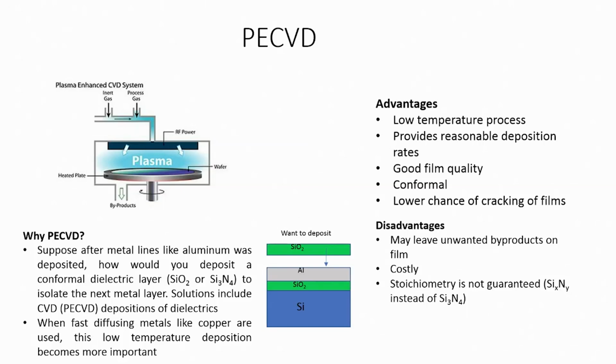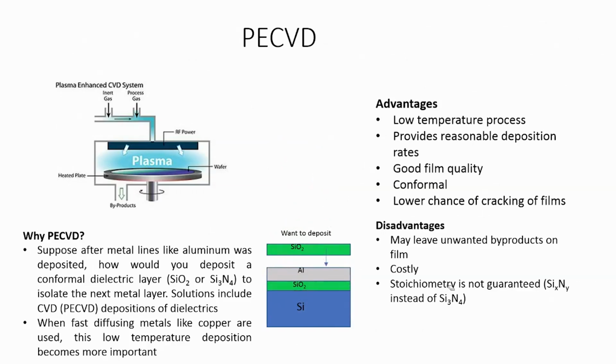Let us take an example, which is shown right over here. Now, if you have an oxidized silicon wafer with aluminum metal deposited on the wafer, and on this you want to deposit silicon dioxide. All the other methods need extremely high temperature, but in case of PECVD this can be deposited at a lower temperature, about 100 to 400 degrees centigrade.